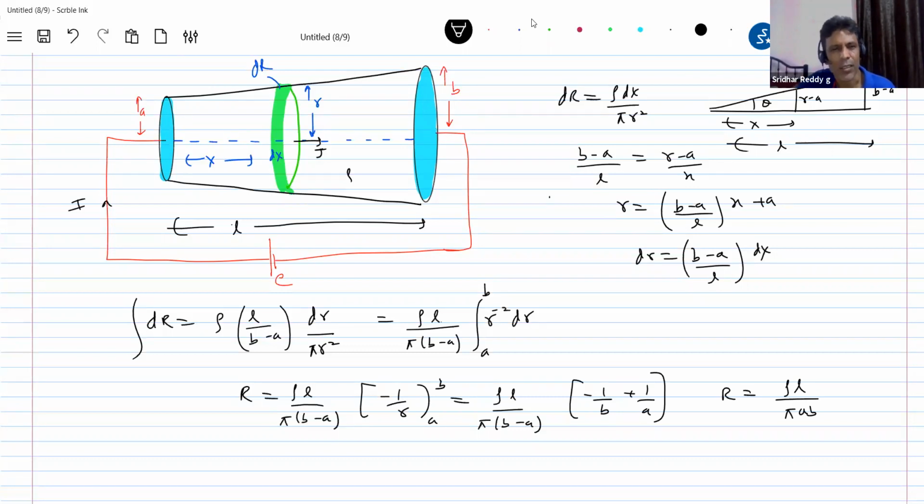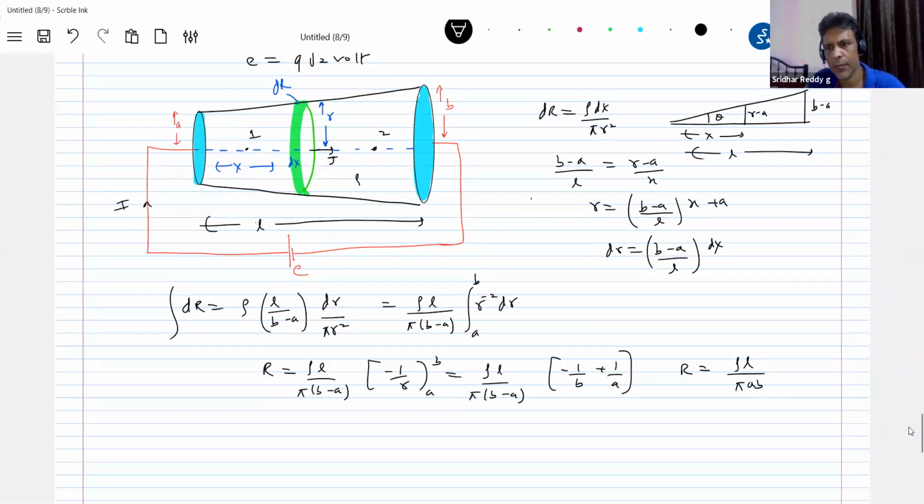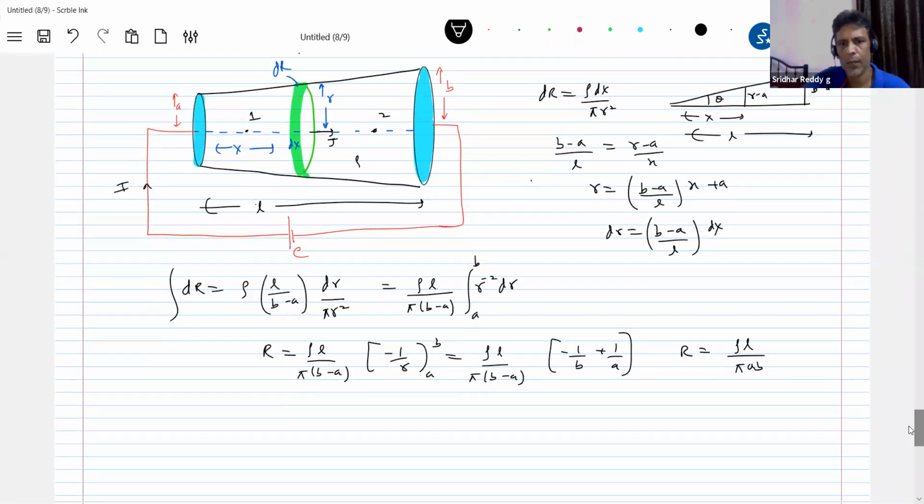Let's come to the quantities. What will happen to current density at points 1 and 2? We will just compare here, one by one.